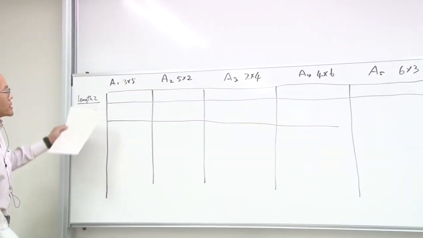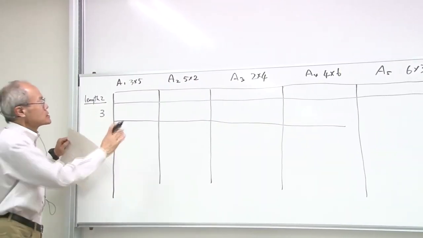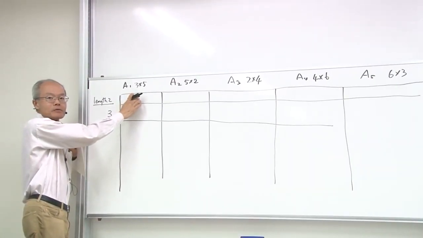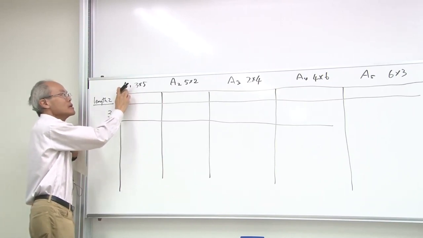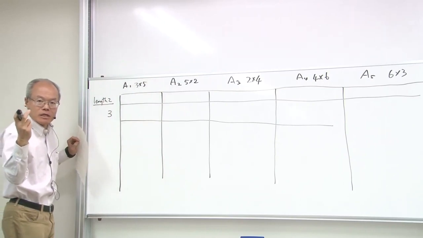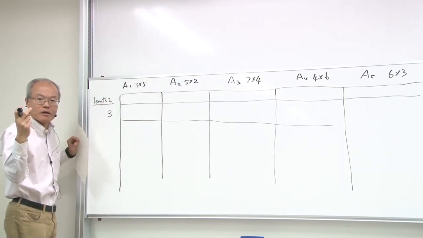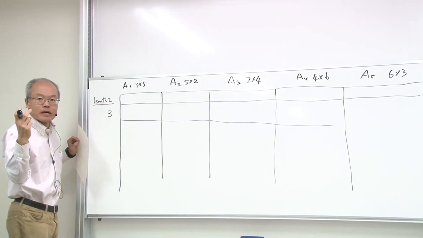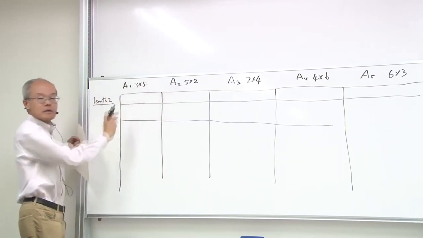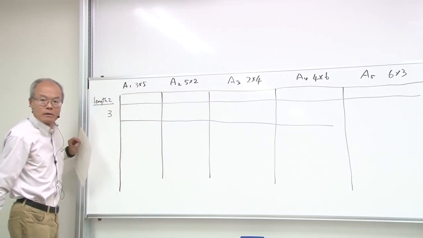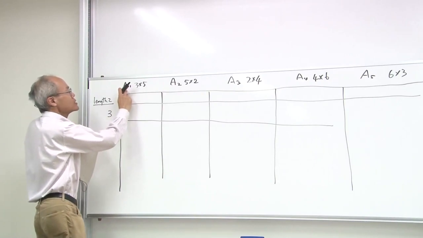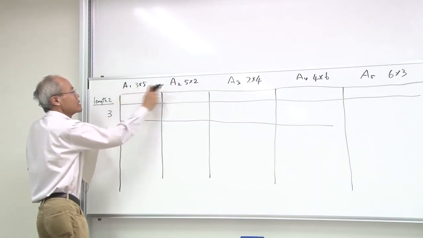What do I mean by length 2? Length 2 means we write in this entry the number of operations to multiply A1 and A2. How many operations do we need for multiplying 2 matrices, starting from A1? That means A1 and A2.